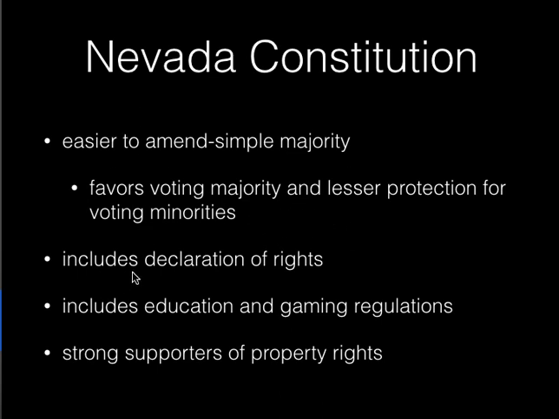The Constitution includes the Declaration of Rights right up in front, whereas the U.S. Constitution had it as an afterthought. A couple years later, the first 10 amendments were added on. The Nevada Constitution also includes issues like education and gaming regulations. We do not have anything about education or gaming regulations in the U.S. Constitution. And Nevada is also a strong supporter of property rights.